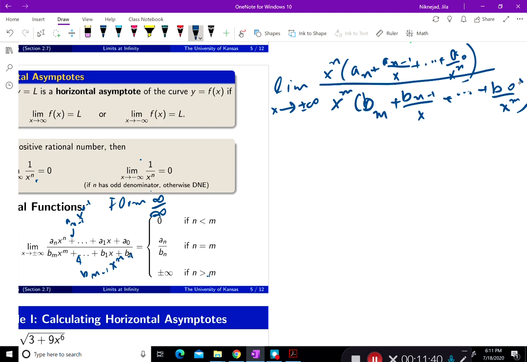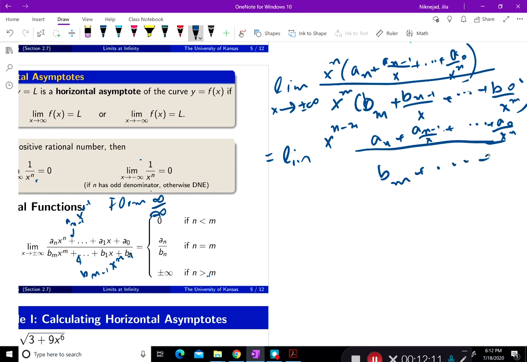Now one thing is that I can clean up these factors. Let's write it as, bring this up, the exponent becomes negative, and then we'll have a_n plus a_(n-1) over x plus all the way to a_0 over x to the power n. Same thing in the bottom, b_0 over x to the power m.